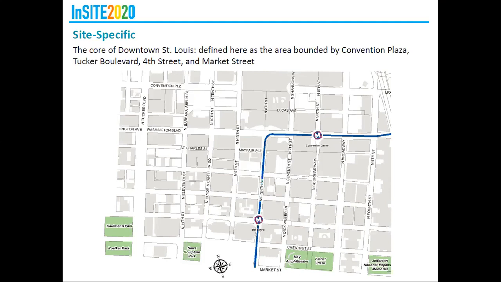But for this call, because we're interested in having a critical mass of work in a highly walkable part of downtown, we are looking at Tucker Boulevard on both sides of Tucker to the west, both sides of 4th Street to the east, Convention Plaza, which is also Del Mar when you head further west, to the north, and then Market Street to the south.